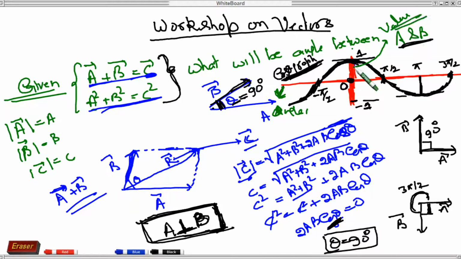So you can determine that at cos 0 the value is 1, cos pi by 2 the value is 0, again at cos pi the value is minus 1, cos 3 pi by 2 the value is 0. You can say cos minus pi by 2, the value is again 0. So this is the graph.